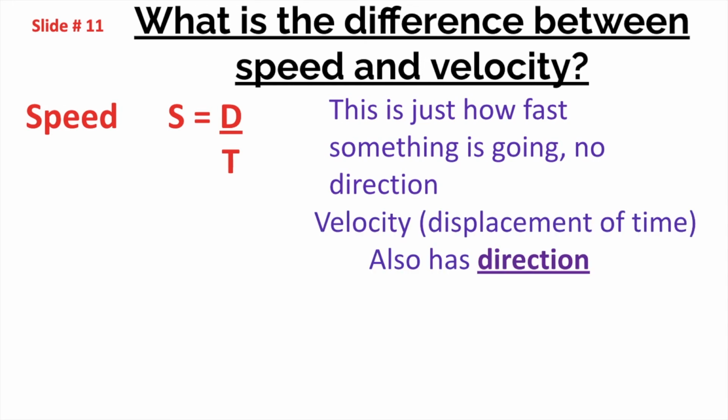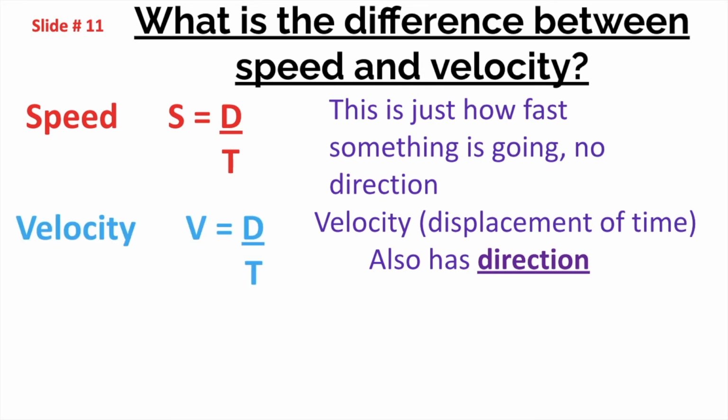But a velocity describes speed, displacement over time, also with a direction. So if I'm traveling down the 36 highway and I'm trying to get to Boulder, I would say that I'm traveling 60 miles per hour west, with my velocity including a direction in terms of west.